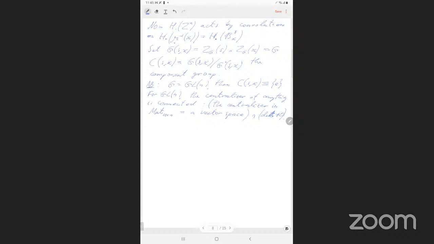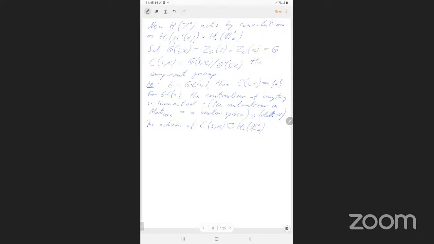Okay, so now finally, the action of this component group of Sx on the Borel-Moore homology of BSX. I mean, the whole group GSX acts there, right? But certainly the neutral component acts trivially on the Borel-Moore homology, on cohomology, on anything at all.